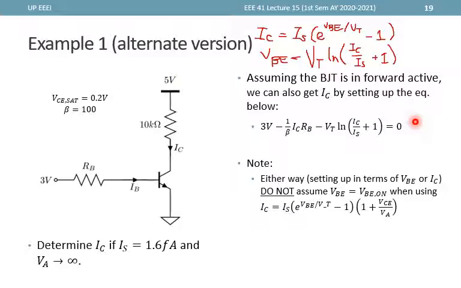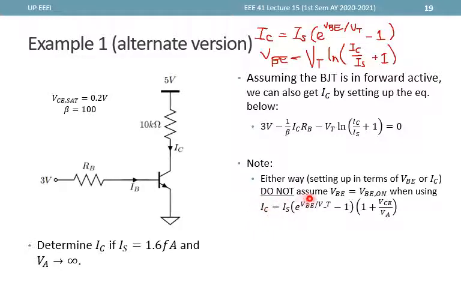Now, a note that either way, whether we solve it in terms of IC or VBE, do not assume that VBE is equal to VBE on, and actually there is no VBE on indicated here when using this equation. And why is that so? Normally, this term here has only a small effect on the IC value.